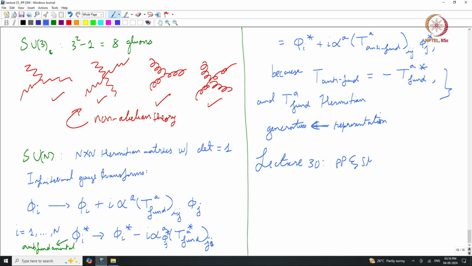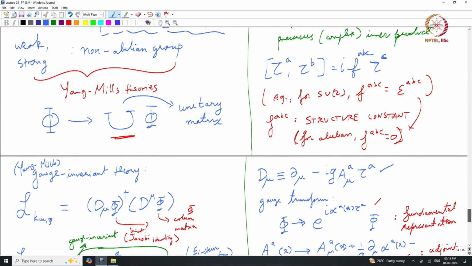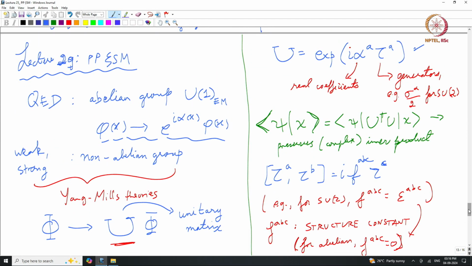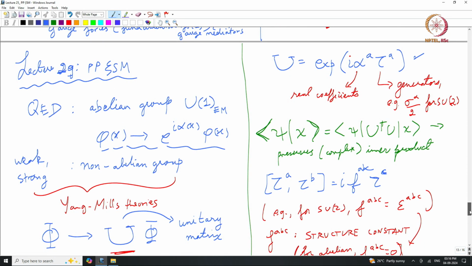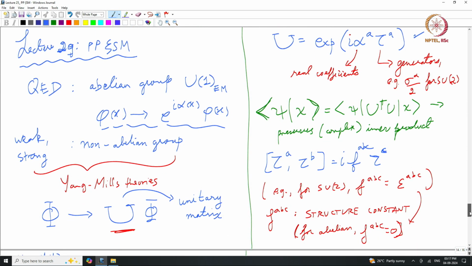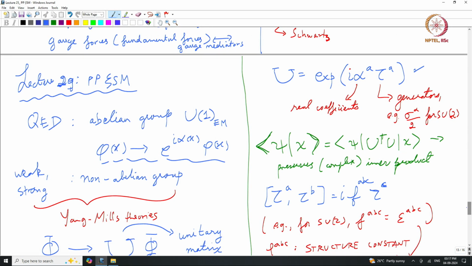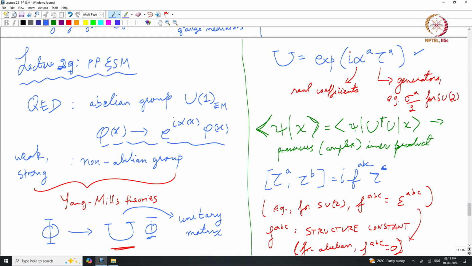And last time we saw how to construct a Yang-Mills theory, which is nothing but a gauge theory with a non-abelian group as your internal symmetry. And we characterized the unitary matrix in terms of an exponentiation of the function that generates the matrix and the generators themselves, right?